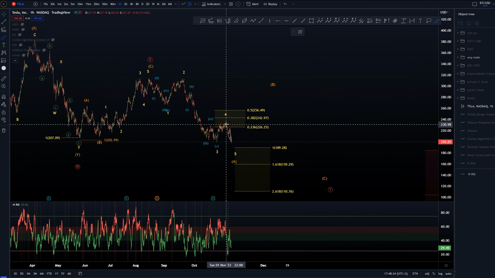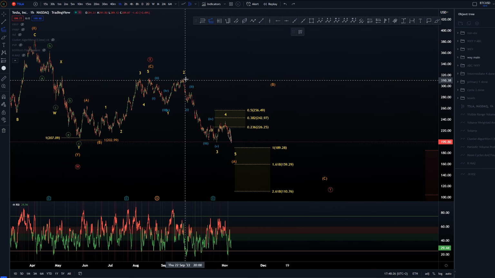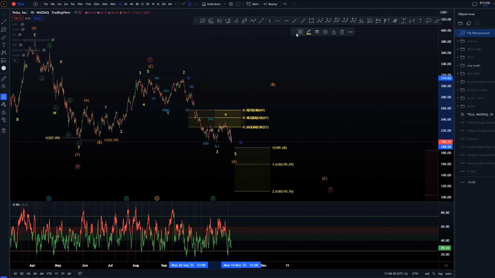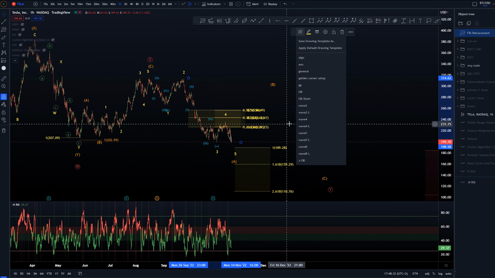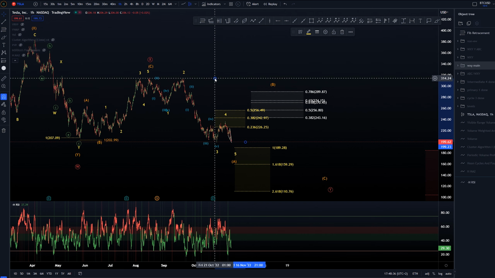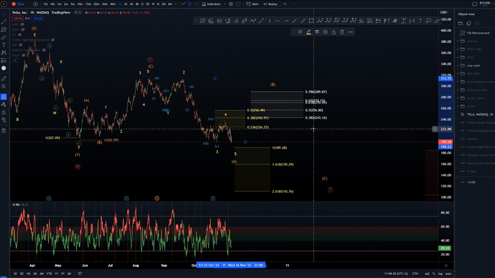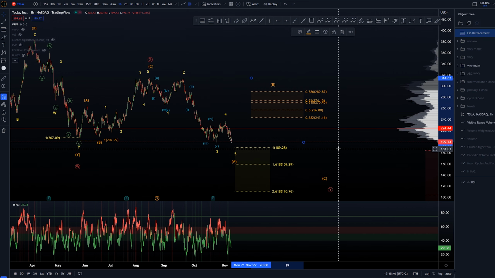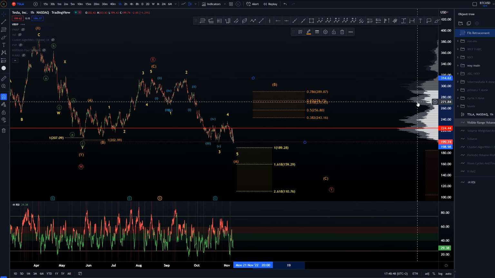However, if we have actually completed this wave 5 already here, we could also be looking at the retracement targets for this B wave overall. And wave 2 actually is this, oh yeah, wave B here, and we could be looking at the golden pocket, for example. There are interesting areas here as well.